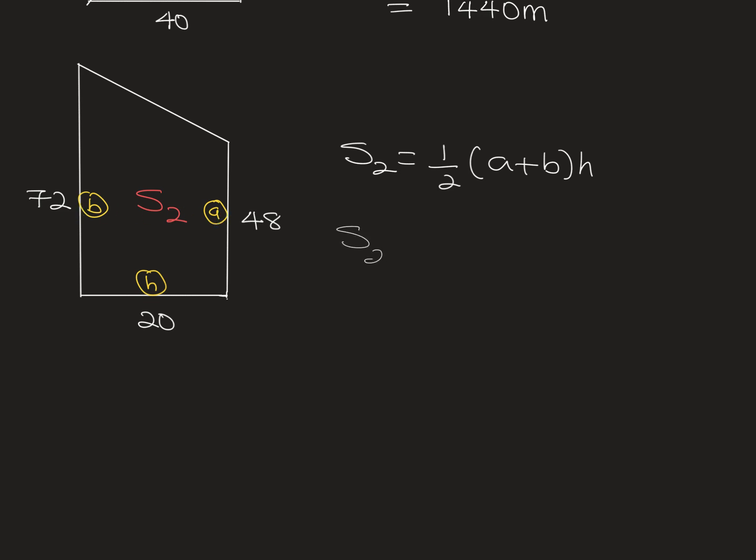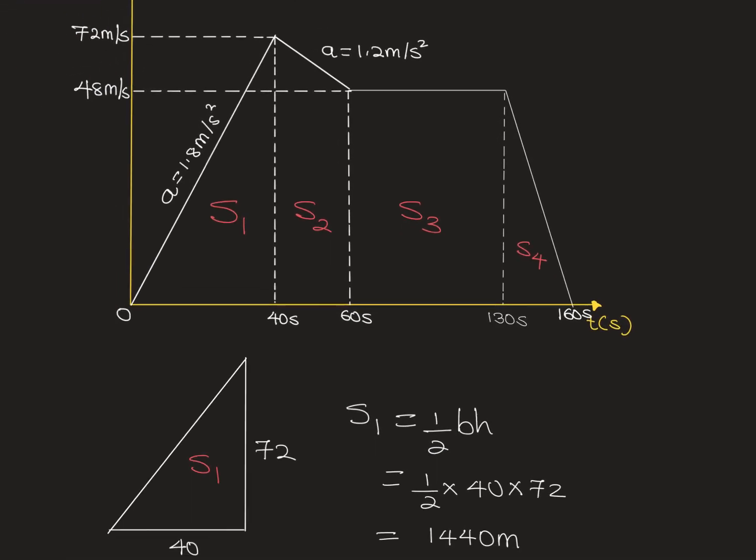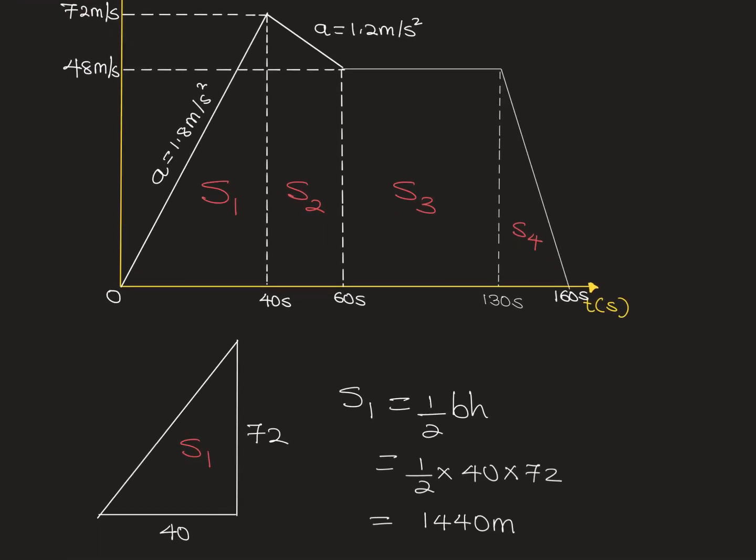That is, S2 is equal to half times (48 plus 72) multiplied by 20. If you do that math, you get 1,200 meters.